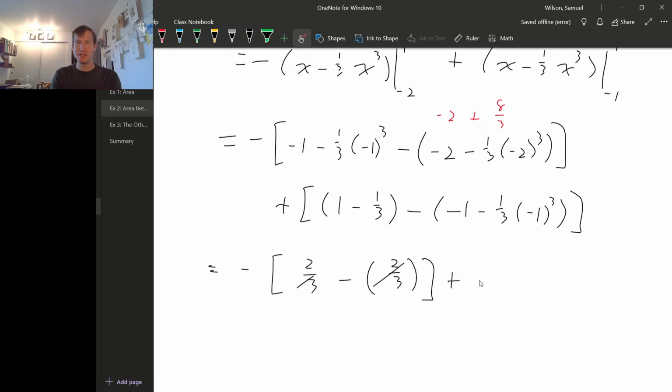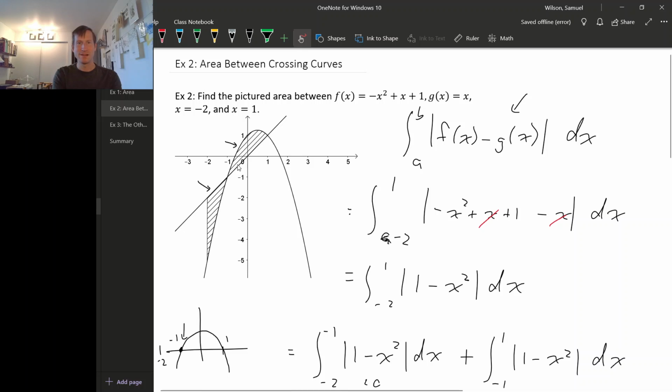Plus the second part, so 1 minus 1/3 is 2/3 minus, and then in parentheses here we have -1 plus 1/3, so minus 2/3 again. Okay, so this together is 4/3. Right, so this integral, this region here, this piece and this piece, has area 4/3.